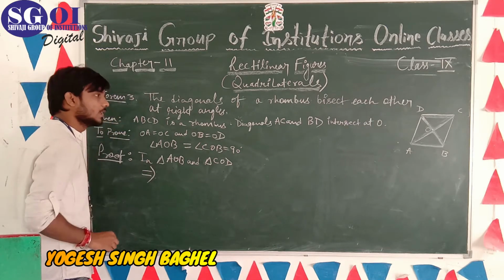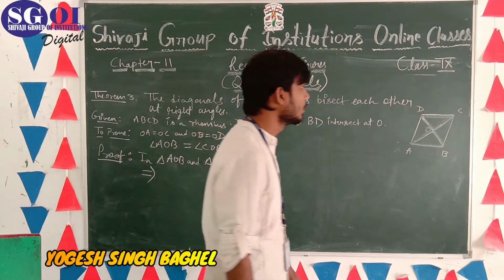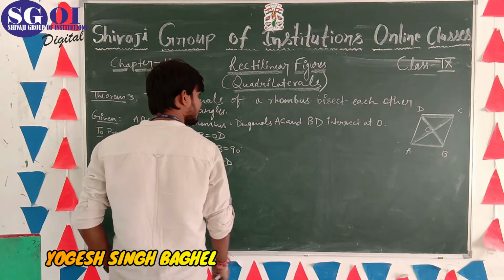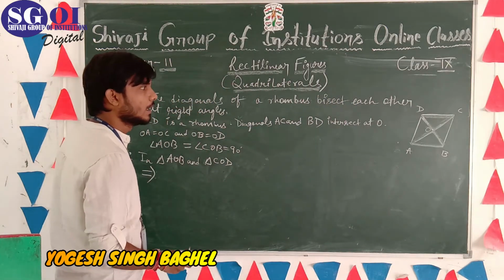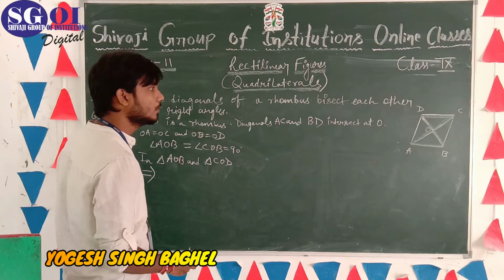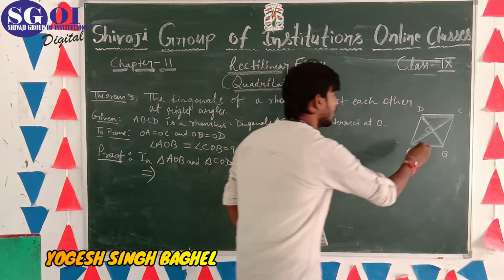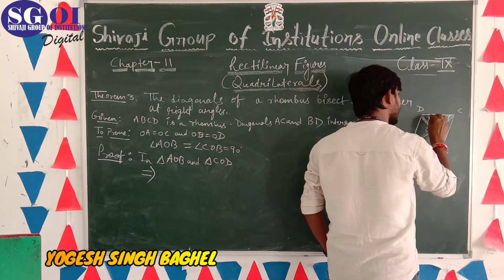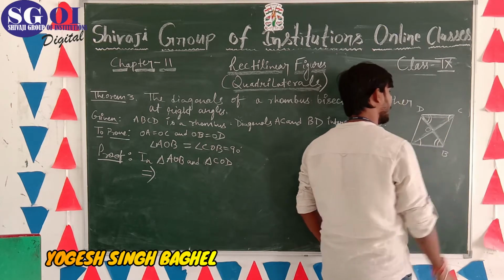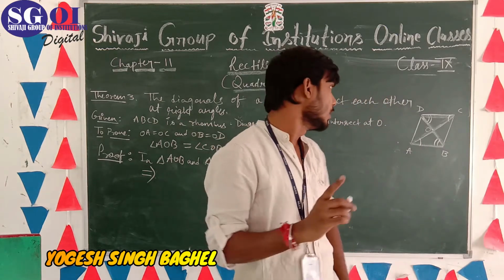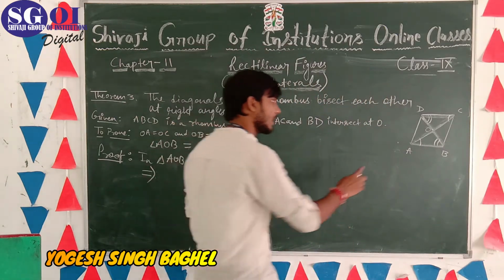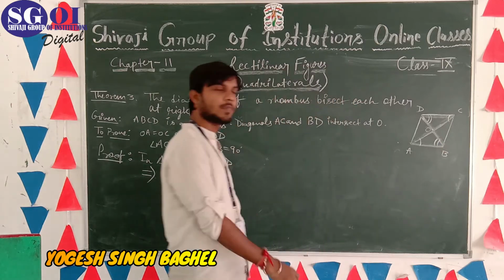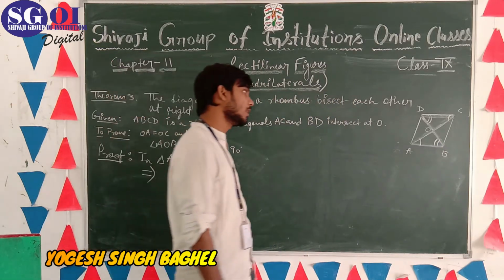Now in these two triangles, alternate angles will be equal, so this angle equals this and this angle equals this. Why the alternate interior angles? Because AB is parallel to CD, it is a rhombus, so opposite sides will be parallel to each other.